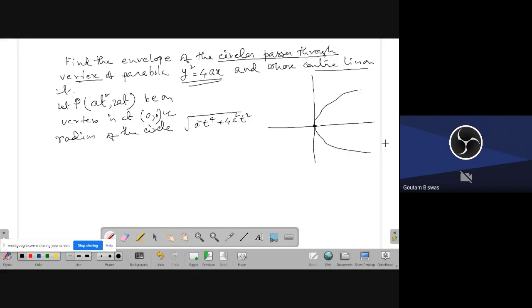So it is like a circle. Hence the equation of the circle, we know the radius.